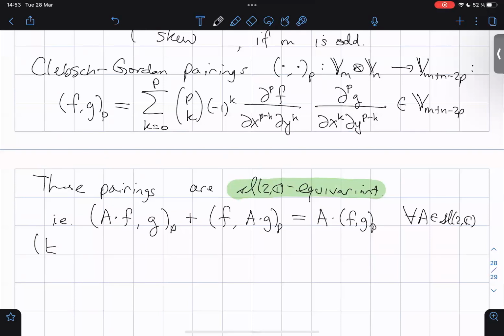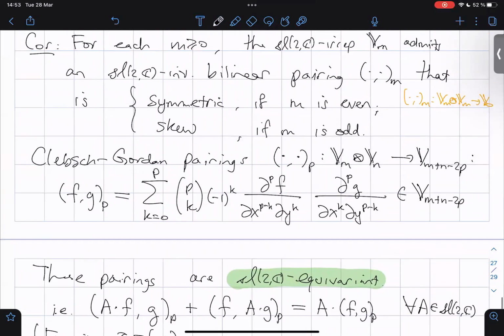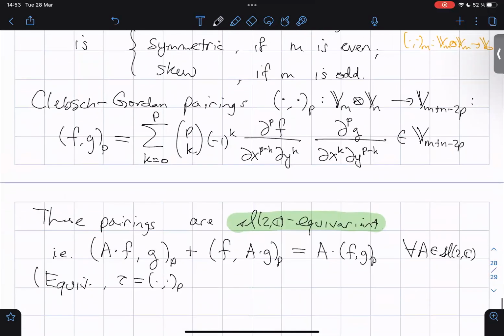Let me mention this next comment. Equivalently, what this is saying is that on this tensor product space, from there to there, this is an intertwiner.